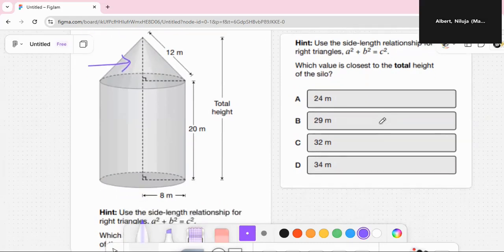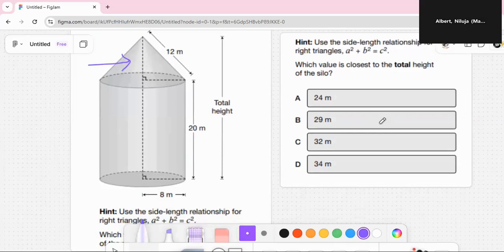I am told that from the center of the cylinder to the outer end, so kind of the radius, this side length is going to be equal to 8. So that means if I'm solving for the hypotenuse of the right angle triangle, this side length is also equal to 8. Now, if I want to solve for the total height, that means I'm solving for this side length, which I'm going to represent by the letter x.